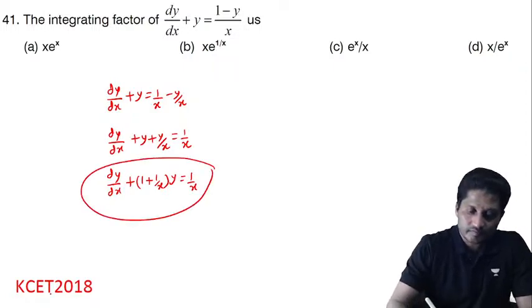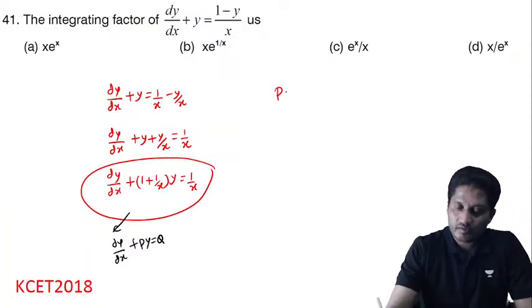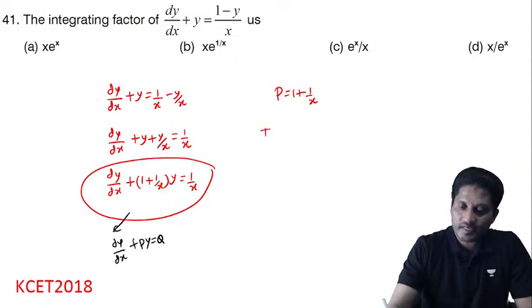So it is of the form dy by dx plus py is equal to q. Now p is equal to 1 plus 1 by x. We are supposed to find the integrating factor, right? Integrating factor is e power integration of p dx, e power integration of 1 plus 1 by x dx.